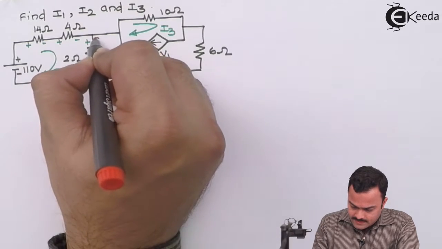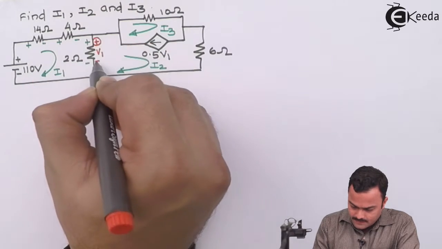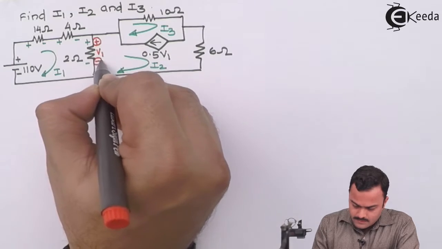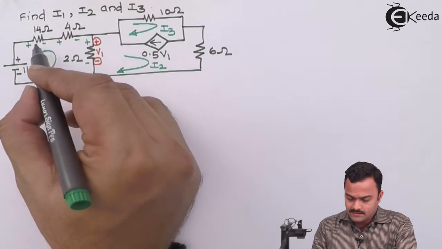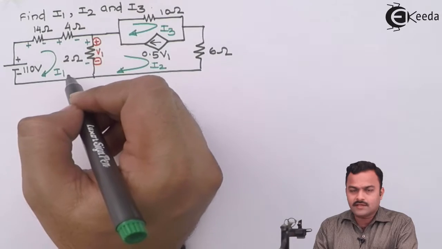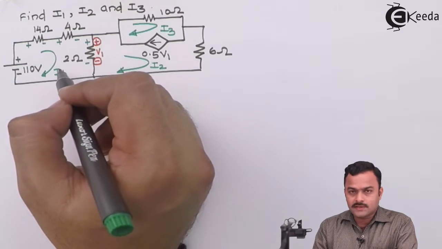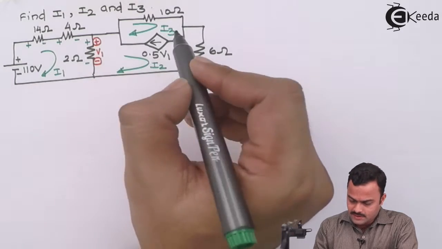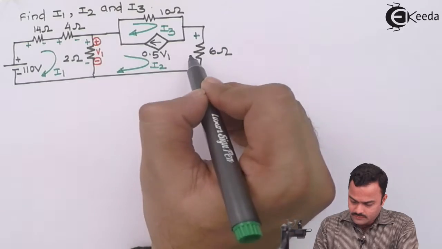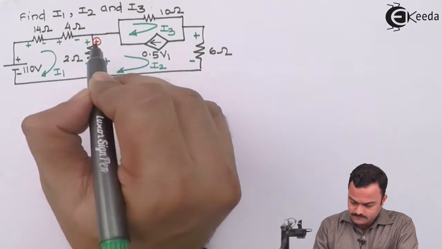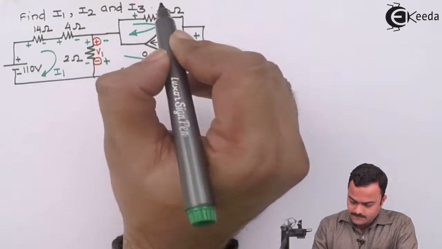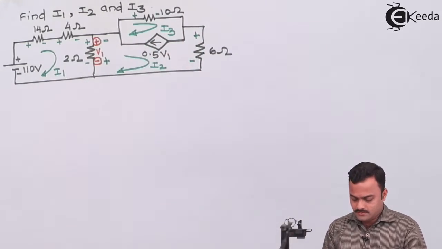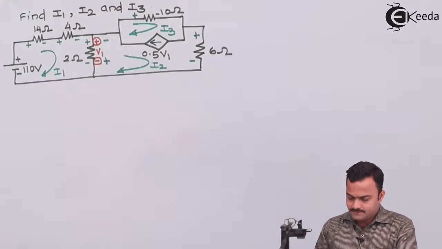So let's encircle it because it's given by them, and with a green ink I have marked all the voltages across the resistors because of the current I1. Similarly I2 will have the voltages in this manner. Same is the case for I3. So we have marked all the voltages over here.